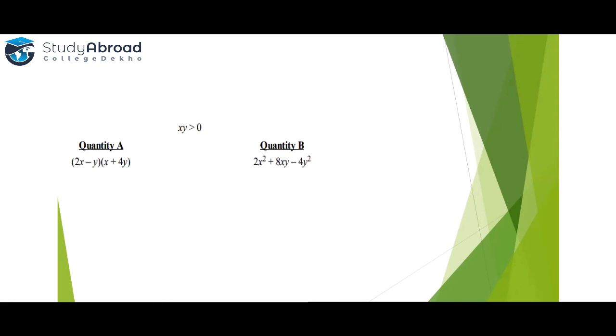xy is greater than 0 and two quantities are given to us in this case. So firstly, let's open this up. Open this quantity A, simplify it.